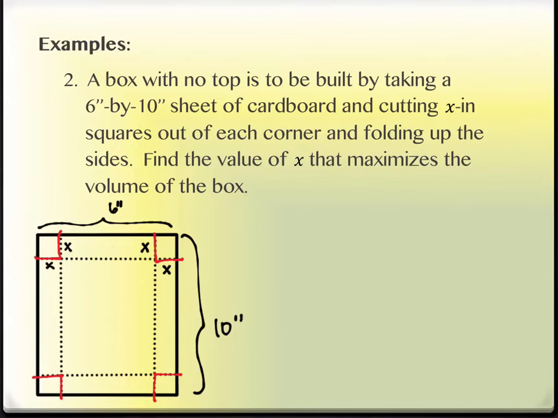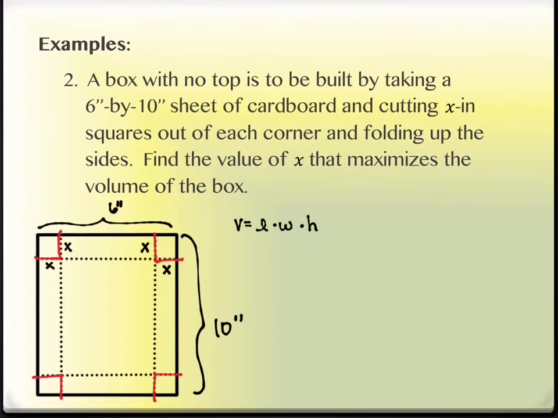My first question is, how do you find the volume of a box? The volume is length times width times height. Well, the length and the width must have something to do with the 6 and the 10. That was the length and the width of the original cardboard piece of paper. The height has to do with it being folded up.